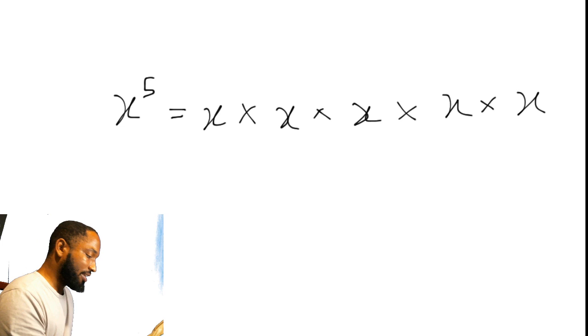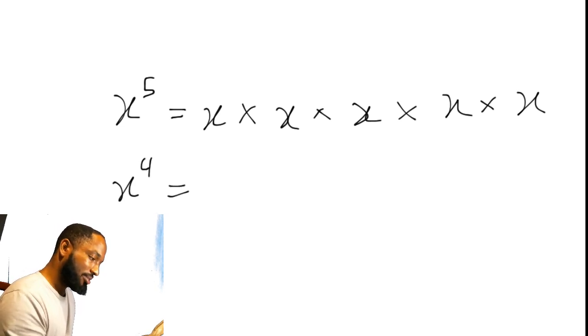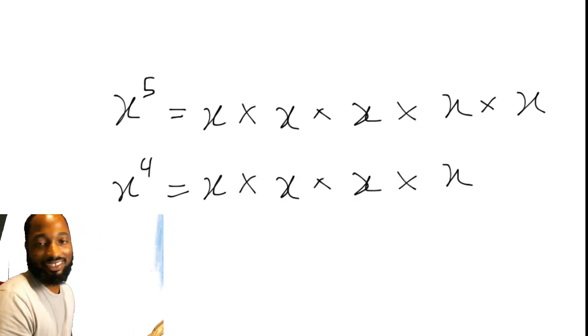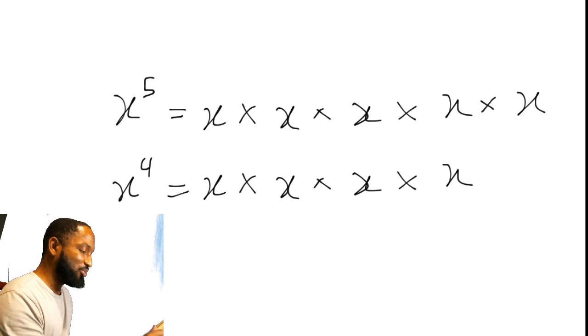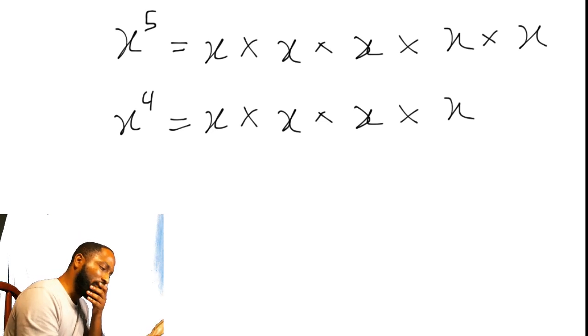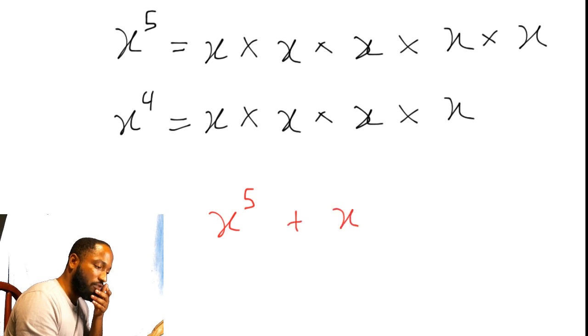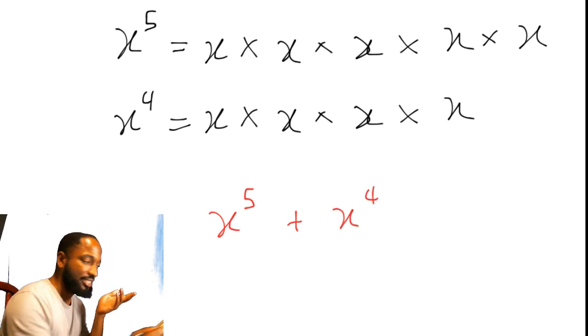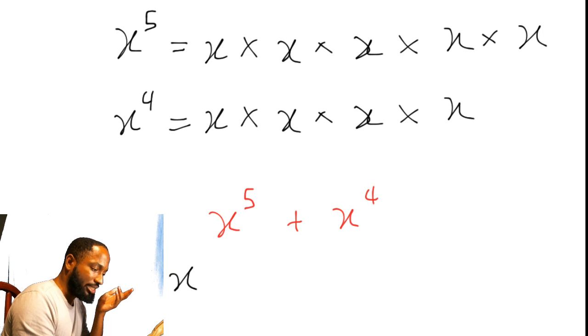If I say x to the power of 4, it means x by itself 4 times, right? So what you're really doing, let me explain something, and some people may already understand how to do the question. What you're really doing is, if we have x to the power of 5 plus x to the power of 4, and I say to factorize this, you will get x to the power of 4 into x plus 1.